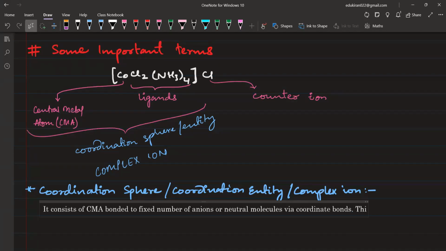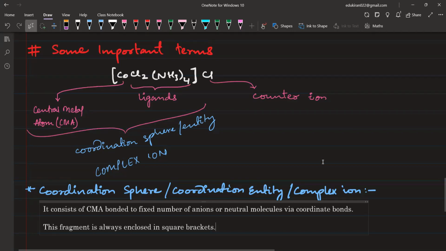This fragment is always enclosed in square brackets. Then the question will come.